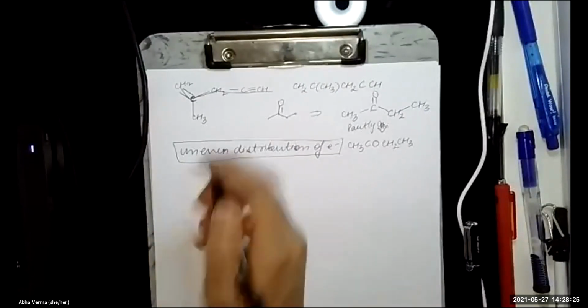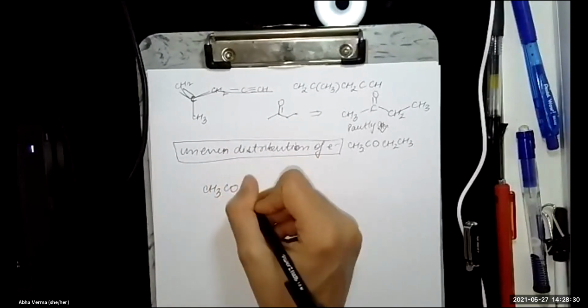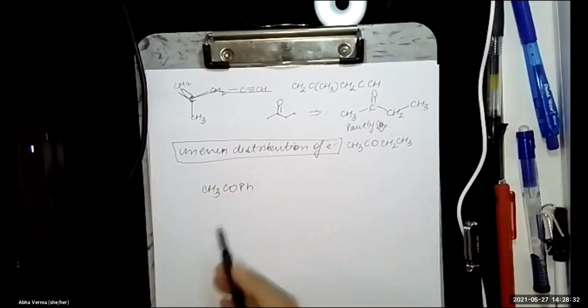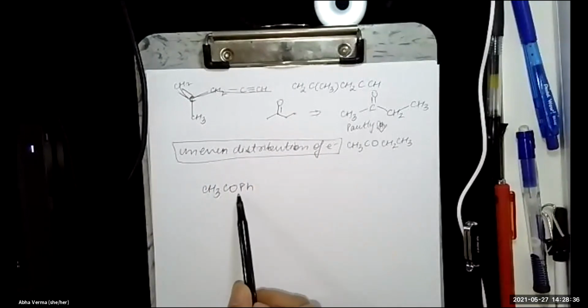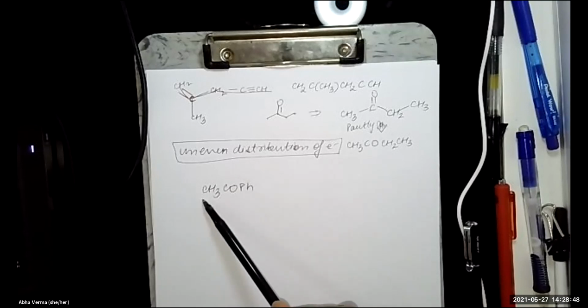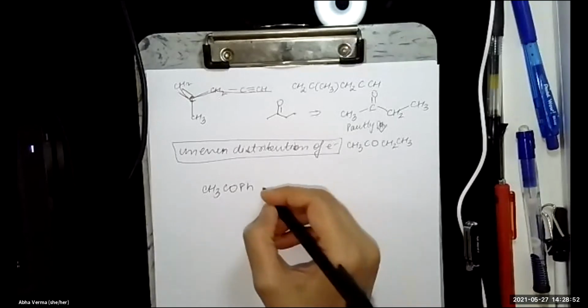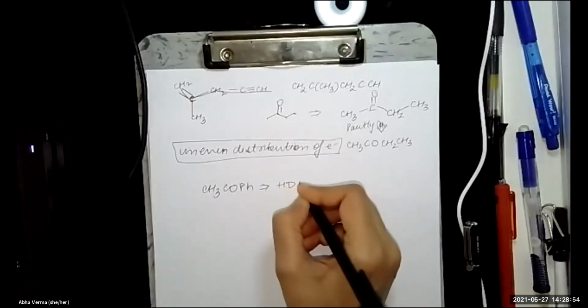Are you all able to see my page? So I want you to look at this structure. CH3COPh. We just did Ph, right? And we also did CO right here. So what is the HDI of this molecule?